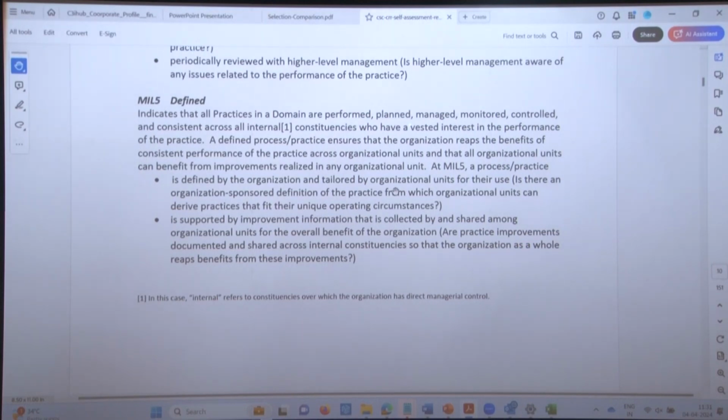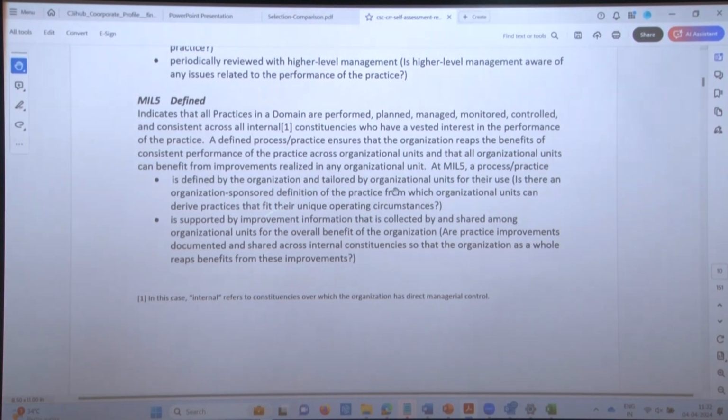Now the topmost maturity level. They are performed, planned, managed, monitored, controlled, and now we are saying it is consistent across all internal constituencies who have a vested interest in the performance of the practice. This basically says that the same is replicated across the various units of the organization, and an organization may have multiple units. It says defined by the organization and tailored by organizational units for their use, and supported by improvement information collected by and shared among organizational units for the overall benefit of the organization.